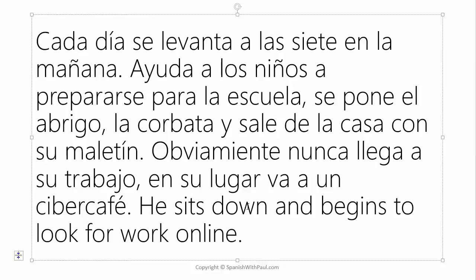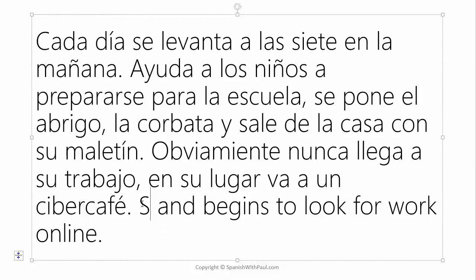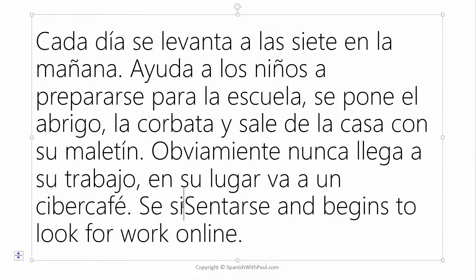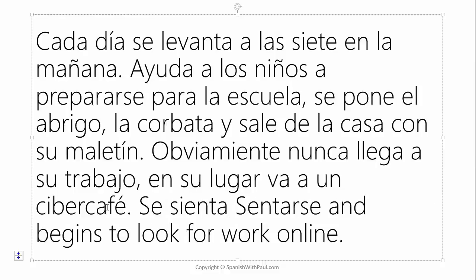Now this next one, he sits down, is important. The verb to sit down would be sentarse. So what we get is se sienta for he sits himself down. But there's a very delicate difference between sentarse and sentirse, because we say se siente for he feels, but se sienta for he sits down.